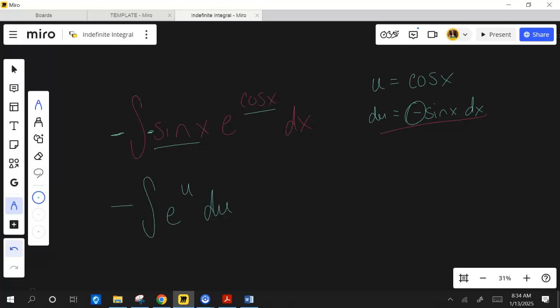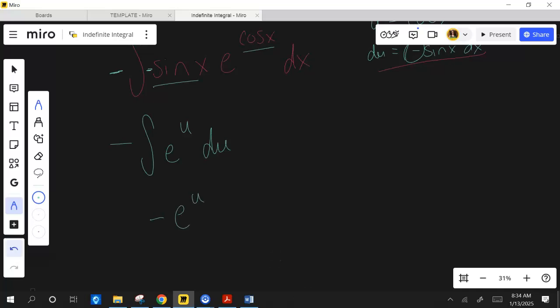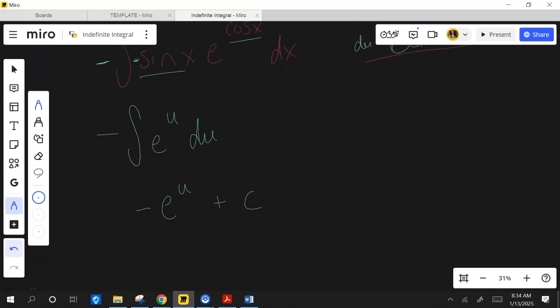That becomes a super easy integral. What is the antiderivative of e to the u? E to the u. So I've got negative e to the u plus c. But because I started in x, I have to finish in x, so I replace the u with cosine x. So it's negative e to the cosine x plus c.